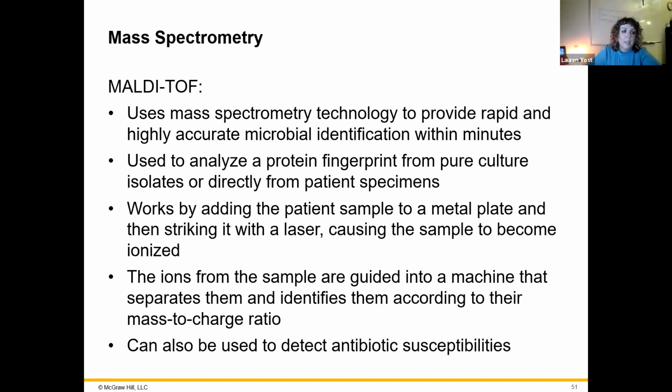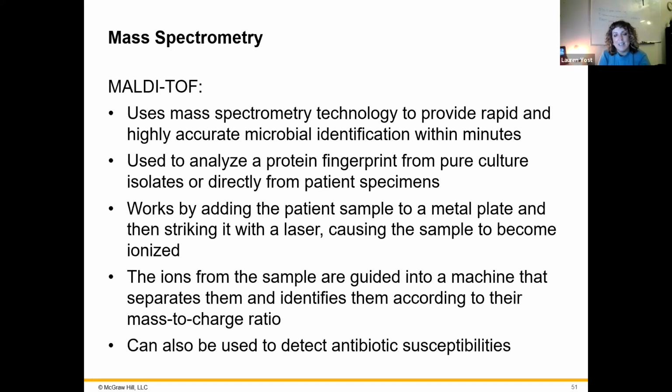Okay, then we have mass spectrometry, like MALDI-TOF. I don't remember what MALDI stands for, and I apologize for that. But I know TOF is time of flight. But basically, what this does, we have ions that we shoot at a sample, a patient sample, let's say, and then that will be analyzed by a machine. Their time of flight will be analyzed as well.